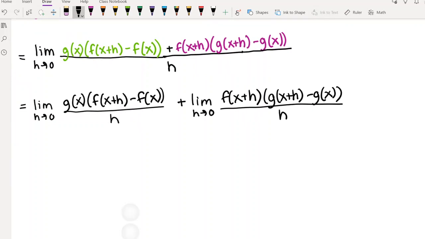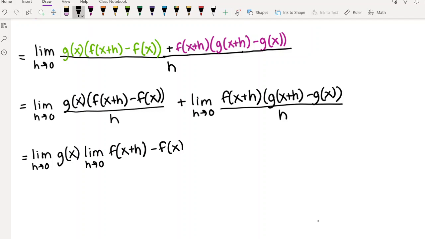Okay, so other thing that we can do with limits is you can split them up using multiplication. So we can change this into the limit as h approaches 0 of g of x times the limit as h approaches 0 of f of x plus h minus f of x over h.